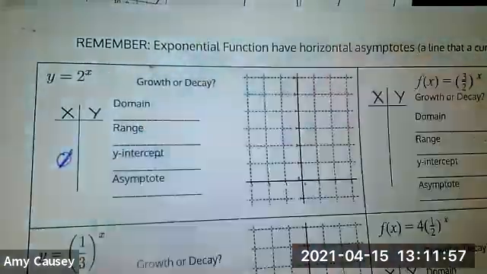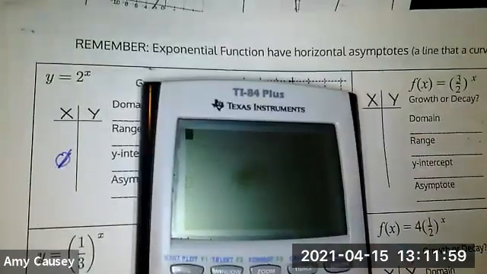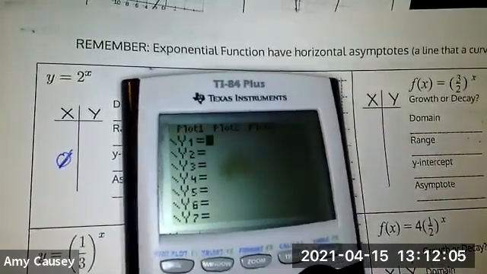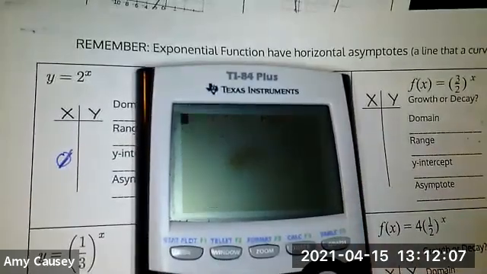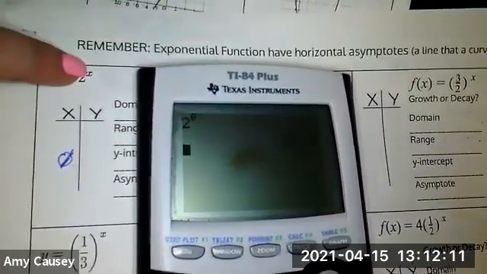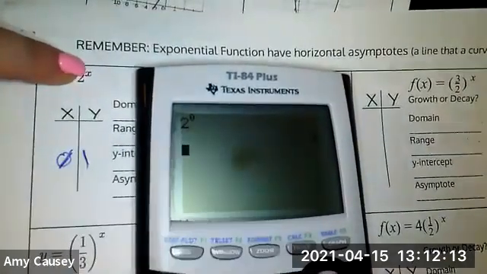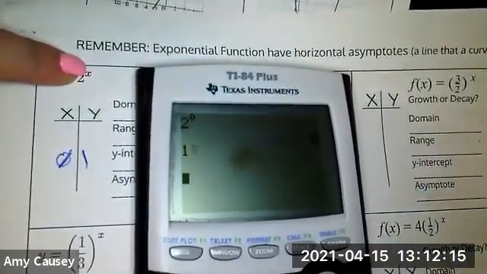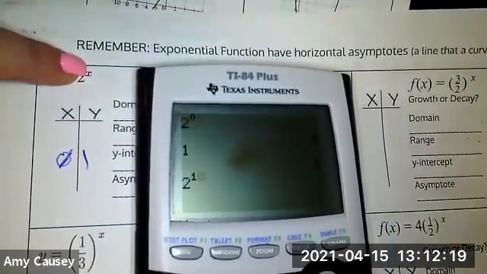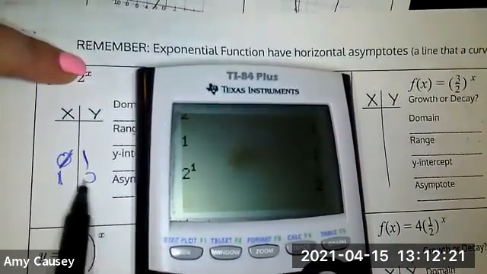If you plug 0 into that x, what would you get? You know, the other way you could do this is put this in your y equals, but let's do it here. So you have 2 to the, and we're going to make that x 0. I get 1. Let's make it 2 to the 1. Let's see what happens. Oh, you get 2.